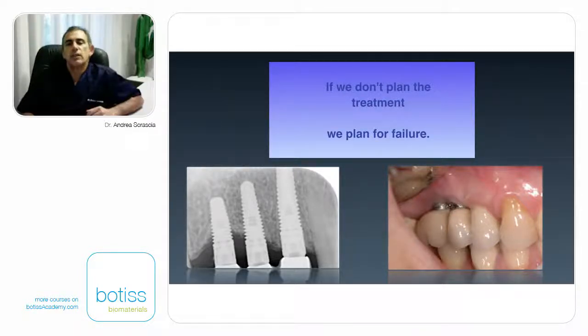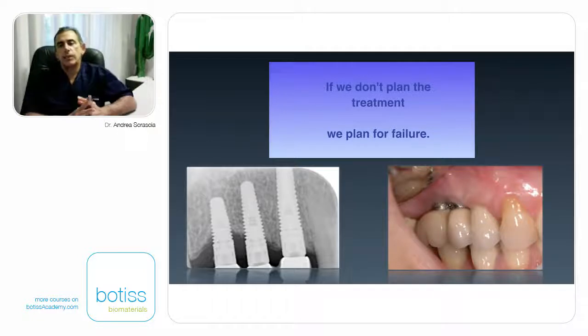For example, in this specific clinical case, we can easily notice that the distance between the implants and the number of the implants is not correct, and the soft tissue is lacking keratinized tissue. So it was predictable since the beginning that eventually the patient would come to this situation, as we can observe in the picture at the bottom right side.